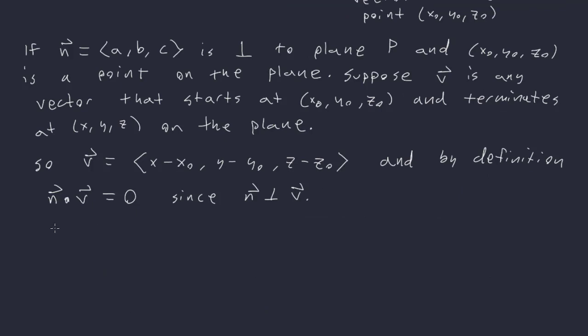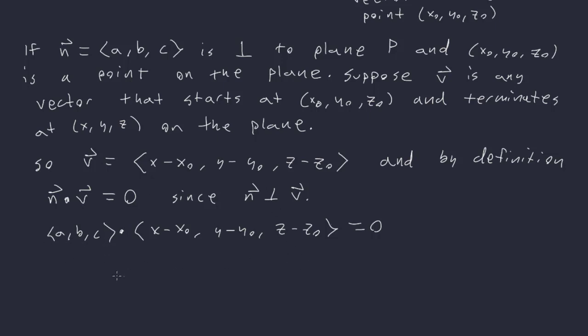So this tells us that n, which is the vector ABC, dotted with this vector x minus x naught, y minus y naught, z minus z naught, that dot product needs to be 0, right? Since these two vectors are perpendicular.